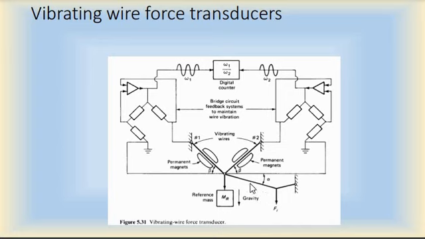This wire is a non-vibrating wire, and these are the vibrating wires. Through this non-vibrating wire we provide a force proportional to Fi, and the output signal is omega 1 by omega 2. This is the digital counter output. In order to make this output signal linear with Fi, we need to provide a force through this non-vibrating wire. This is the working of this vibrating wire force transducer.